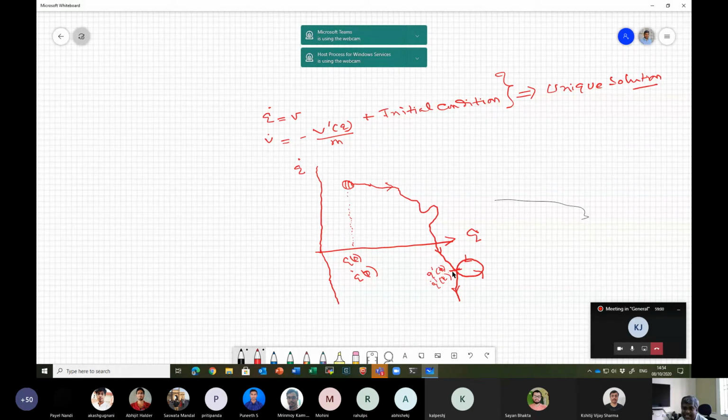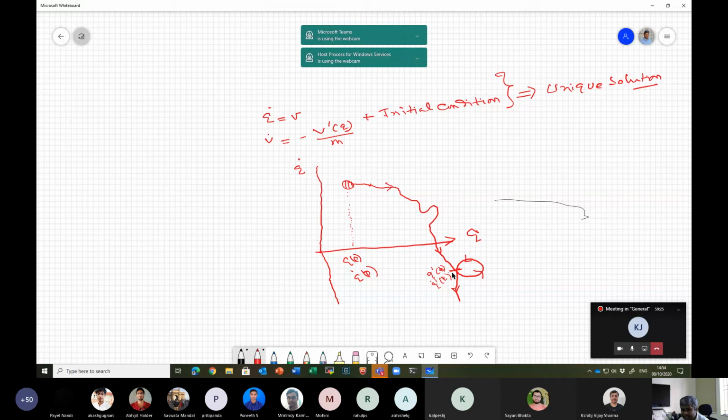But what is the condition we discussed? If you put the initial condition and you have the equation of motion, it should give you the unique solution, right? But here we found that it has two branches. So that is not possible, right? But is it really not possible in any scenario?